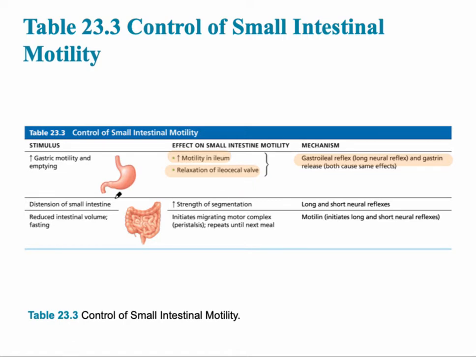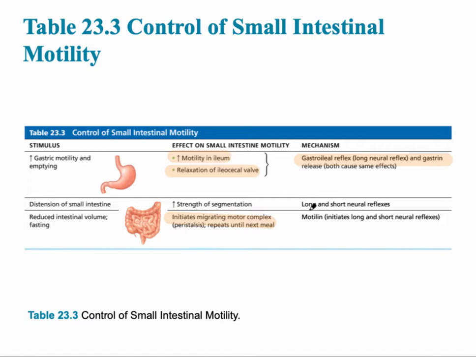There's also reduced intestinal volume or fasting that occurs, and the effect on small intestine motility is that it initiates the migrating motor complex, which basically is peristalsis. That's the alternating contraction and relaxation that occurs in the GI tract, and it repeats until the next meal, basically.